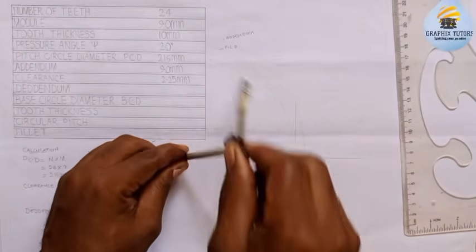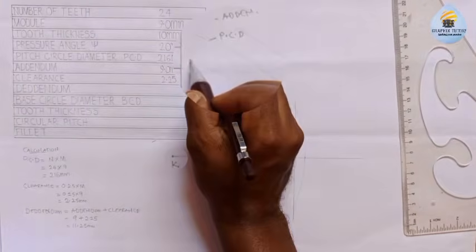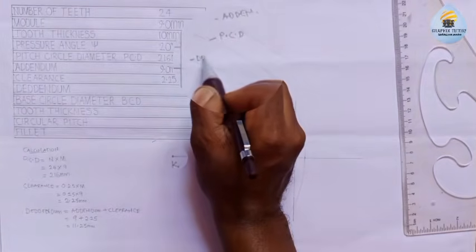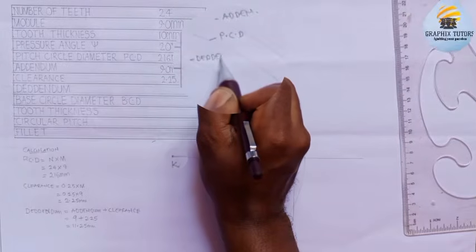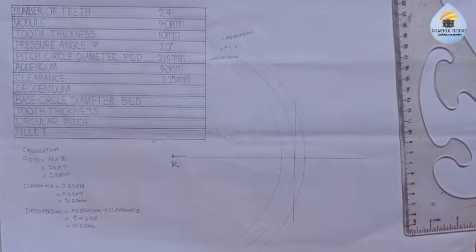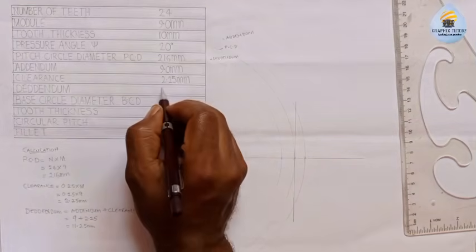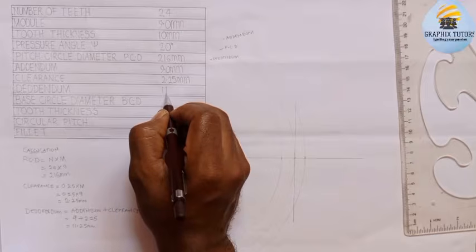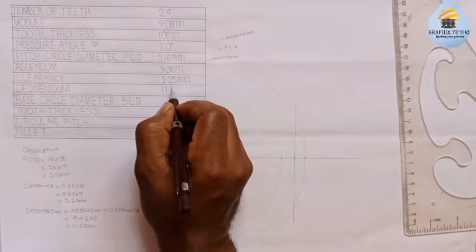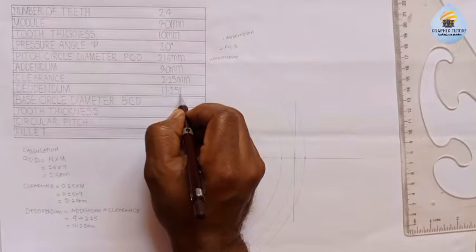That arc I'm drawing is for my dedendum, so I'll write it, dedendum. Is that taken? I'll write 11.25 millimeter in the table too.